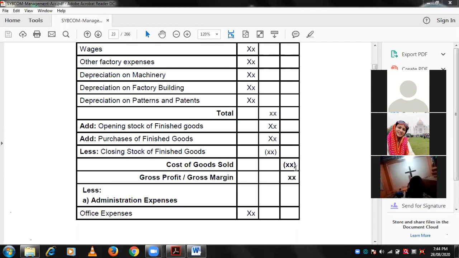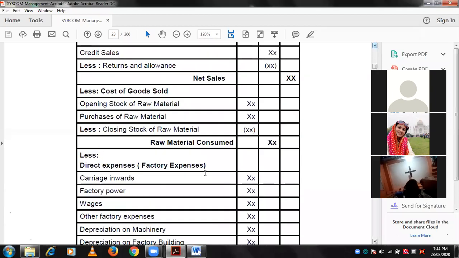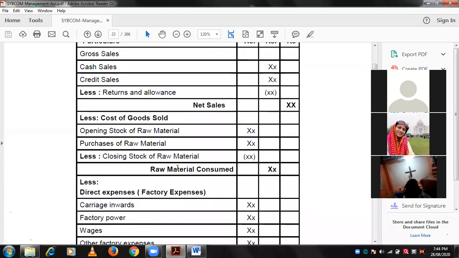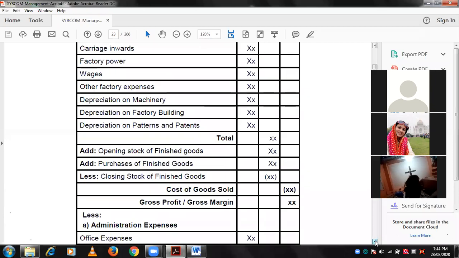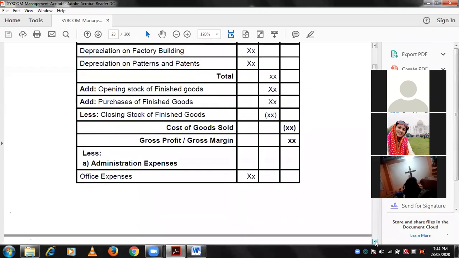To arrive at the cost of goods sold figure, we have to add or less all these things: opening stock of raw material, purchases of raw material, closing stock, then direct expenses we have to add. Then we have to add the opening stock of finished goods, purchases of finished goods, and at last we have to deduct the closing stock of finished goods. Then only are we going to get this cost of goods sold.